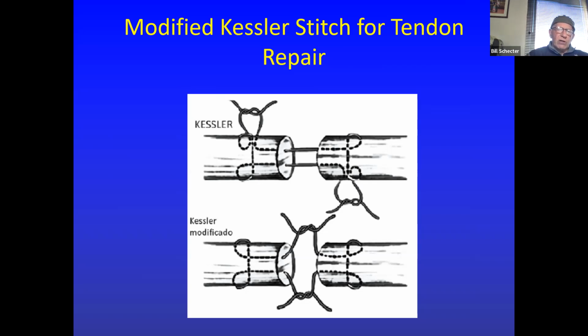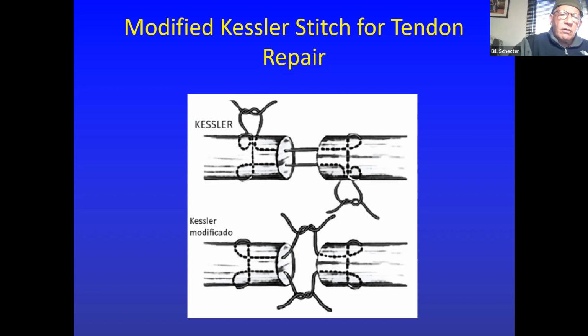You want to preserve the blood supply to the tendon. You want to have a strong tendon repair that permits end-to-end opposition and permits early mobilization. And the Kessler stitch, which was described by Isidor Kessler, is a standard stitch which is widely used, and I use it almost exclusively.